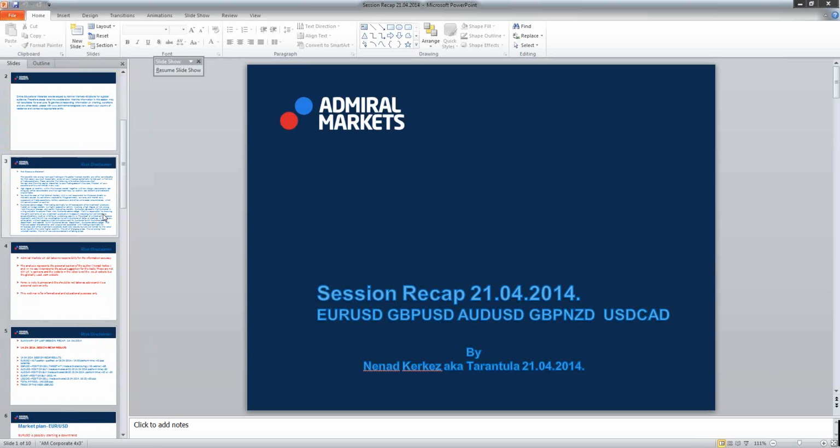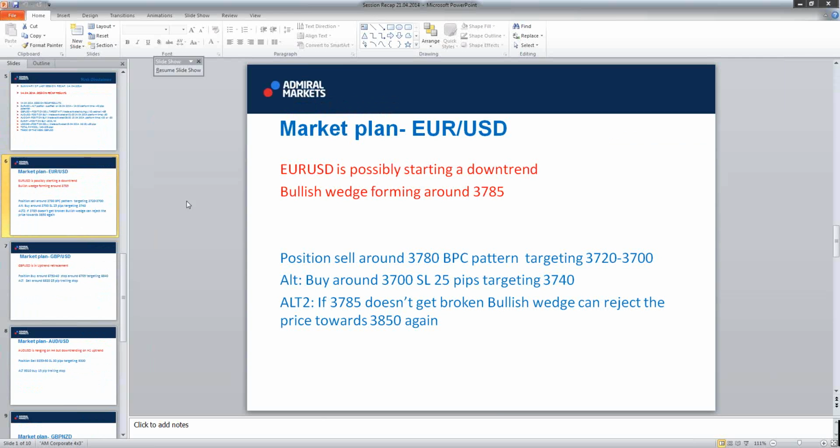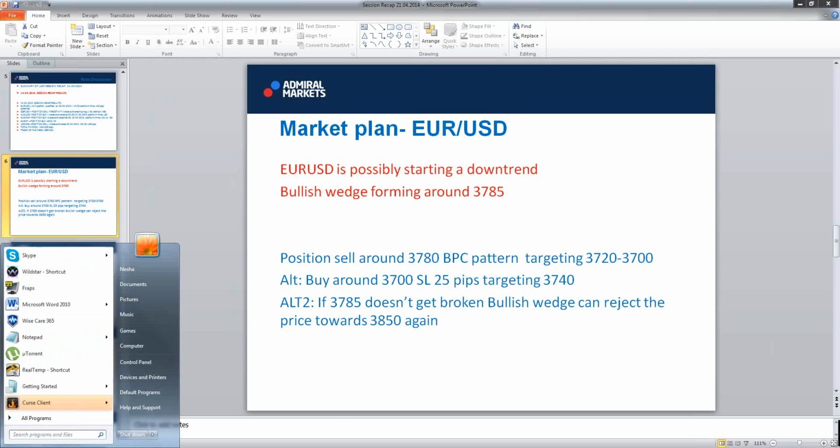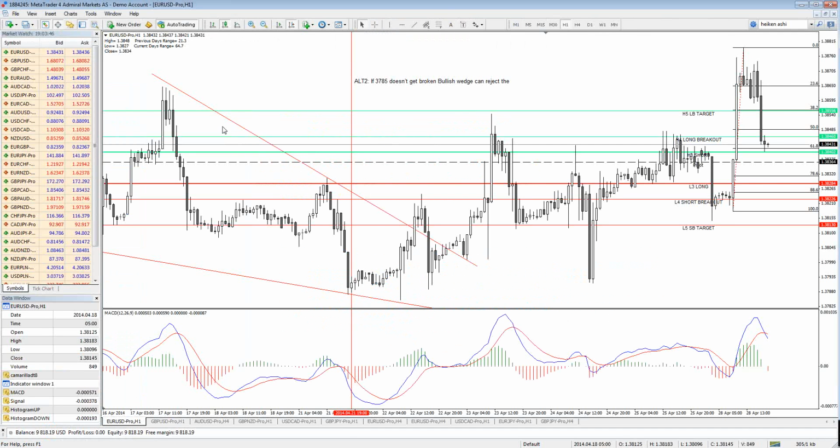Alternative setup, we waited for sell, didn't happen. We waited for buy, didn't happen at this area, but the alternative scenario 2 was that if 37.85 doesn't get broken, the bullish wedge can reject the price towards 38.50. That happened.